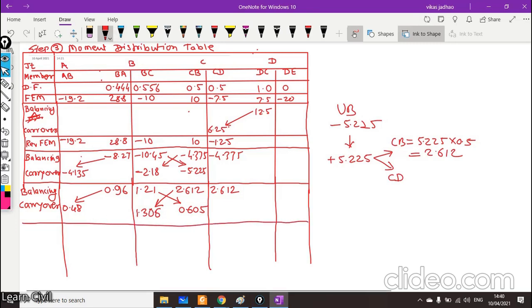Again you can see here, at this joint B, again we are having unbalanced moment of 1.306, and at joint C, we are having unbalanced moment of 0.605, and it is not yet negligible.